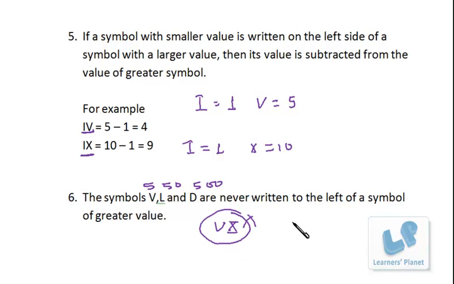V is 5 and X is 10. Some students make this mistake. They just deduct the value of V from the value of X, that is 5, but 5 has to be written like this only. So the symbols V, L and D are never written to the left of a symbol of greater value.